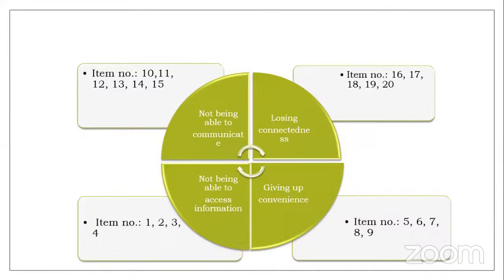Now, what we are seeing here is that items number 10, 11, 12, 13, 14 loaded on one single component. Again, items 16, 17, 18, 19, 20 loaded on the second component. Items 5, 6, 7, 8, 9 loaded on a third component, and items 1, 2, 3, 4 loaded on the fourth component.